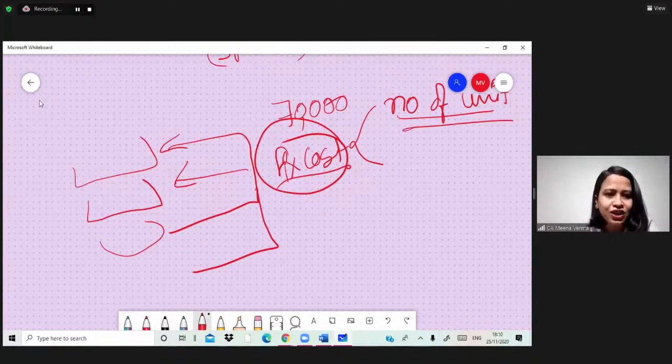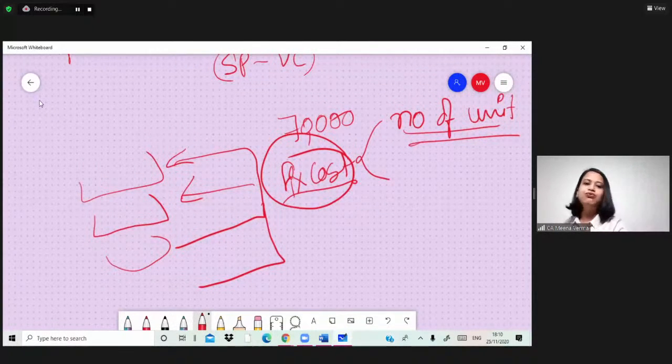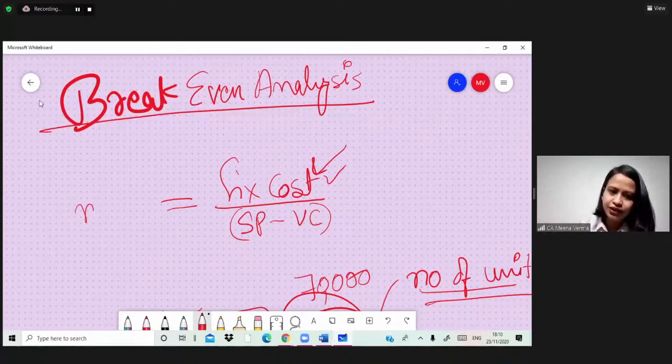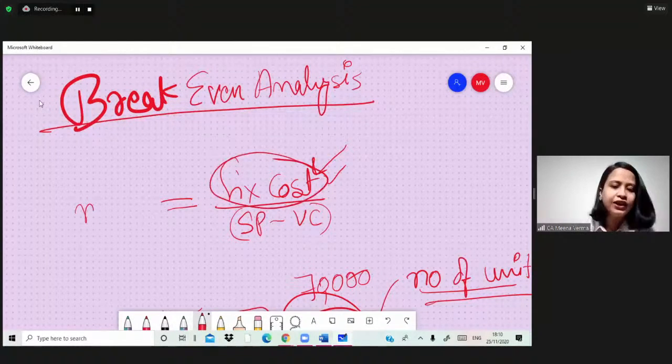This is what activity-based CVP analysis is. This is the same concept which we had in CA Inter, but what is new here is that we will bifurcate this fixed cost on the basis of the cost drivers. We will try to find that out and accordingly bifurcate them.